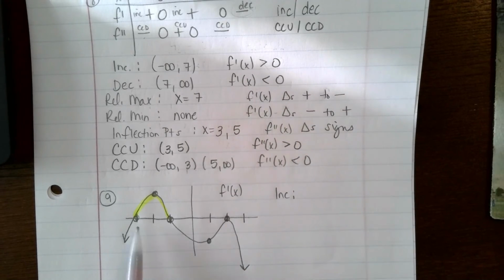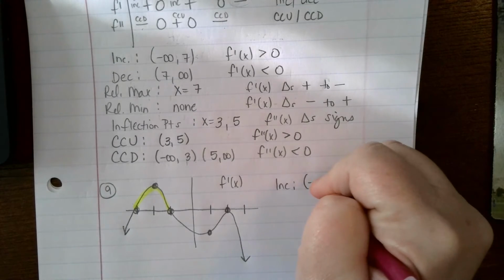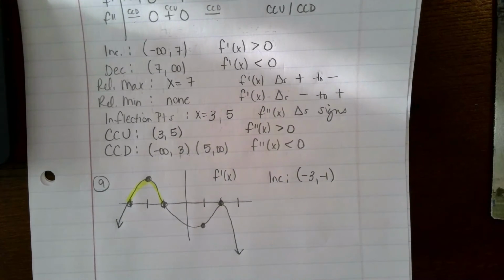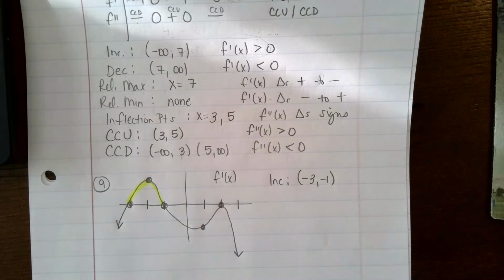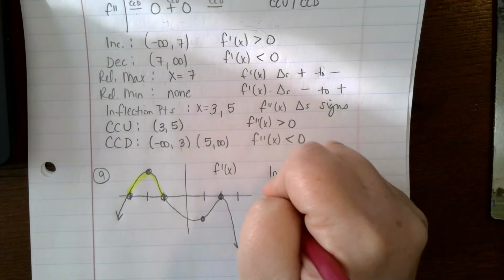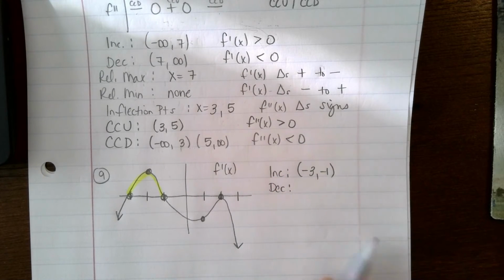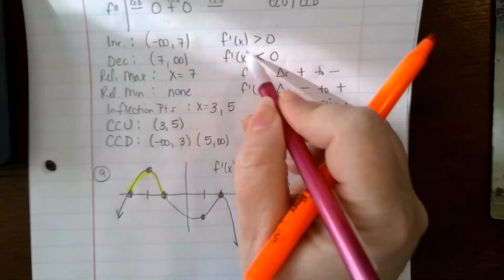positive. But in this case of our graph, we're going from -3 to -1. Now again, our justification is the same as it is right here, because the first derivative is greater than 0. All right, let's look at our decreasing. Our decreasing is going to be when the first derivative is less than 0, so the same as this right here.